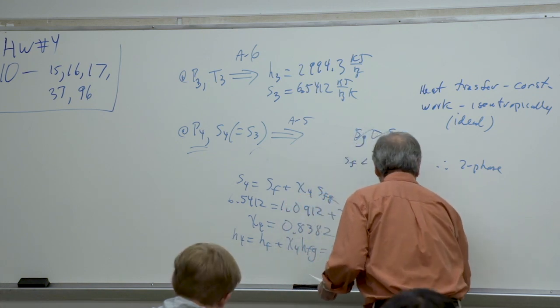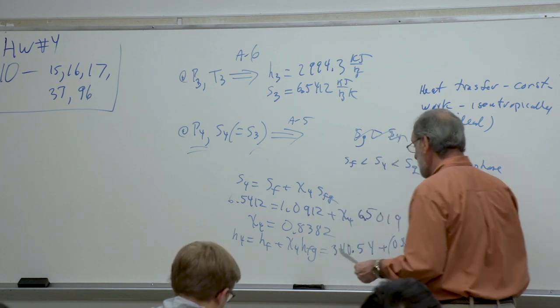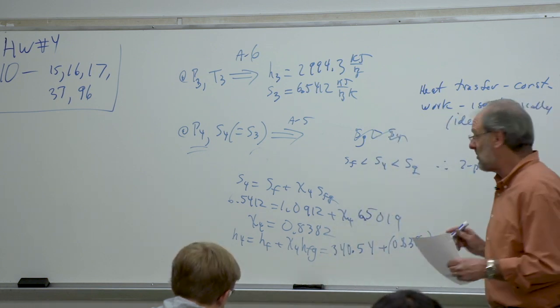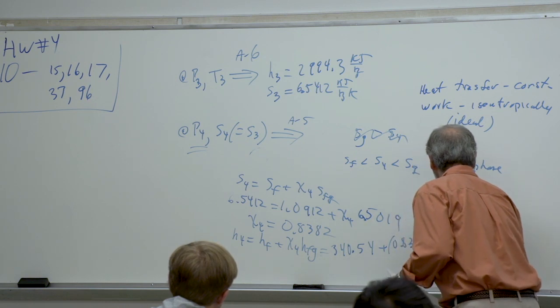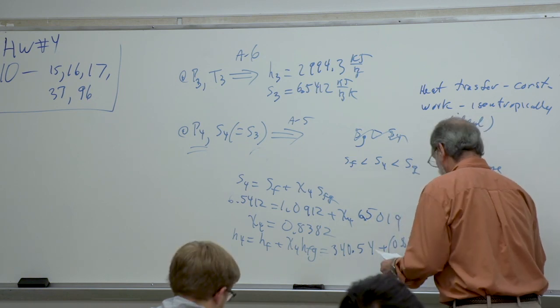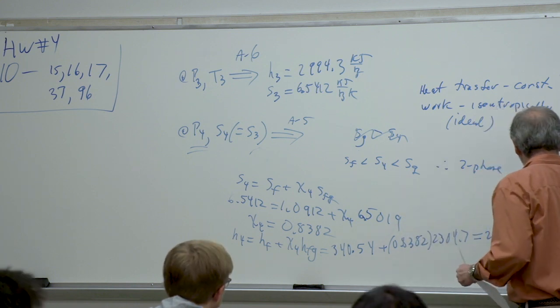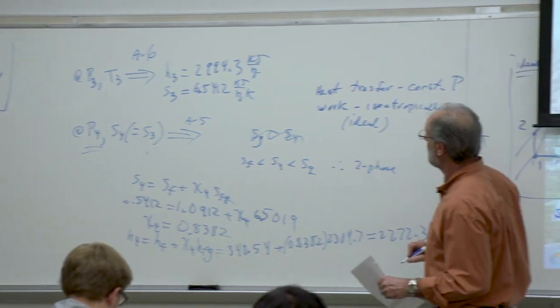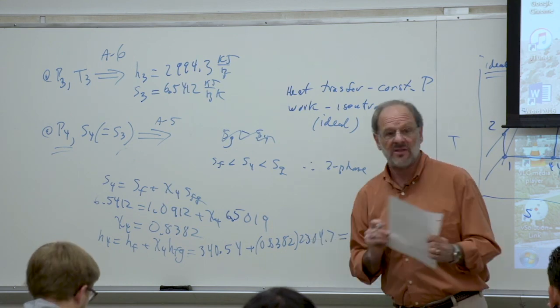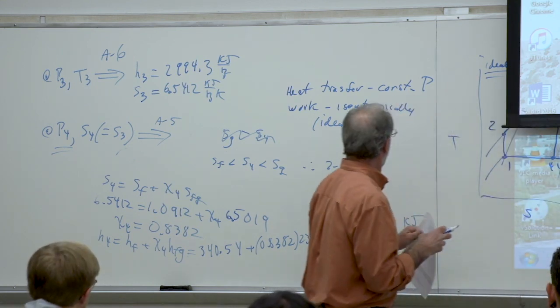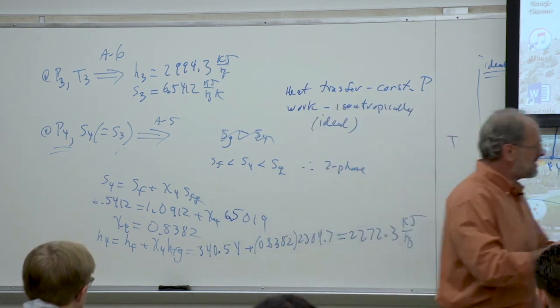The quality is 0.8382. And HFG is 2304.7. All these are in kilojoules per kilogram. So this gives me 2272.3 kilojoules per kilogram. And now we have the enthalpy at all of our state points. So now we can finish up the problem.